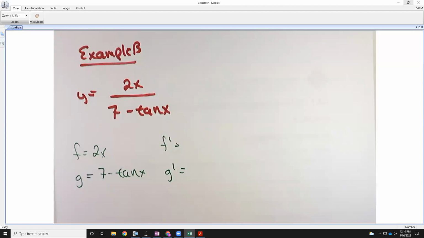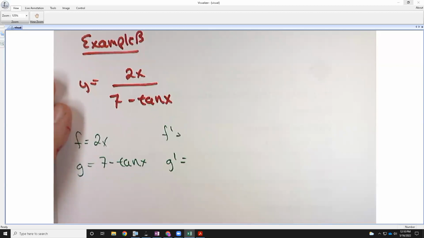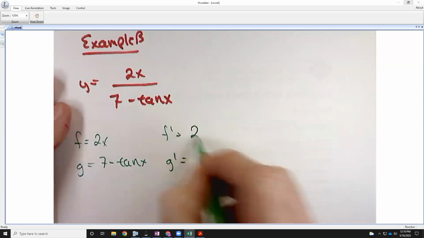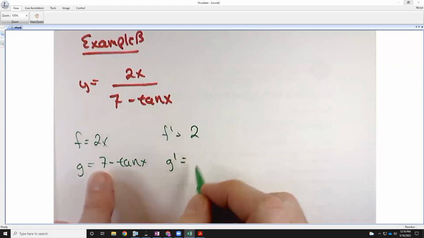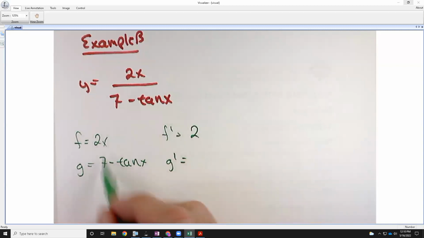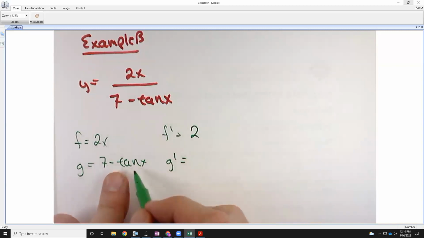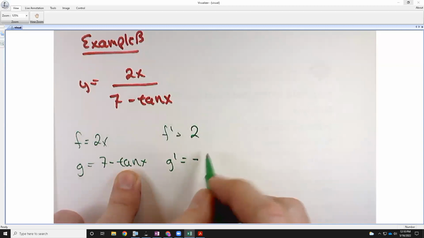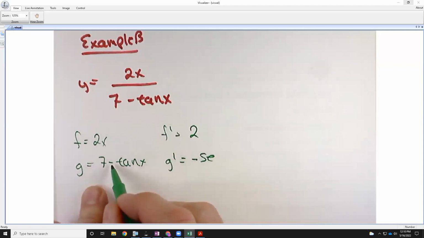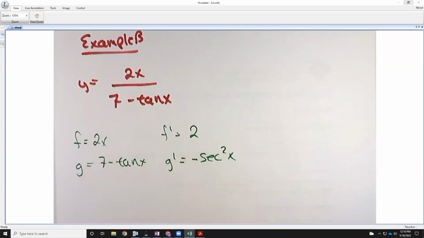Austin, what's going to be f prime and g prime, please? Good. That's going to be a 0 when you differentiate that. Perfect. And the minus there is still going to be there, so it's going to be minus secant squared, because that's kind of like a constant. Perfect. Thank you, Austin.